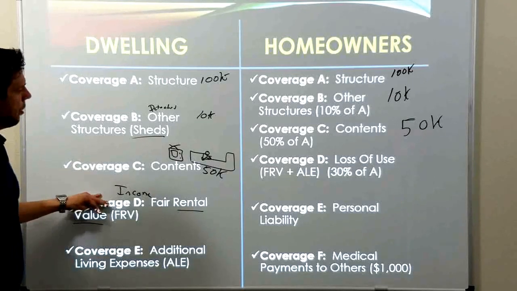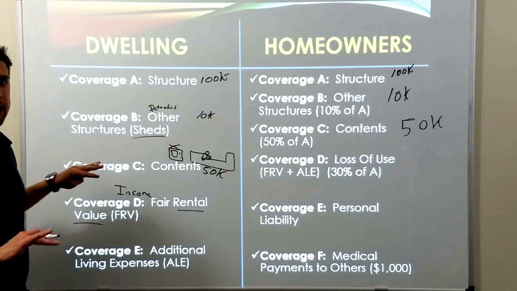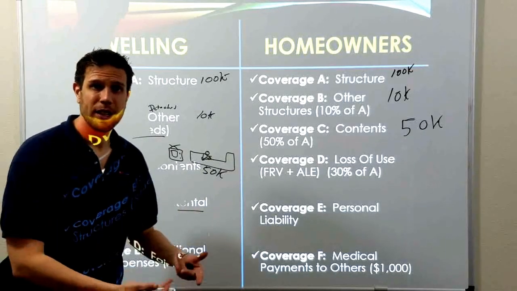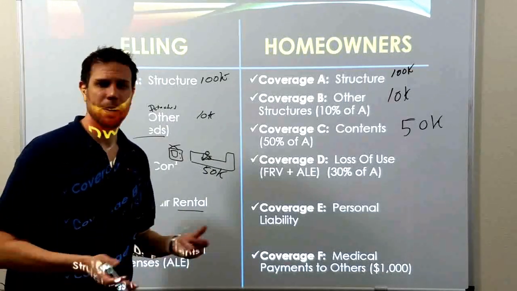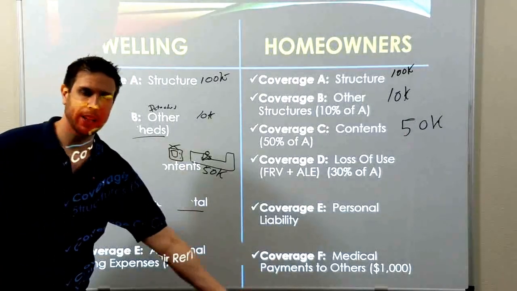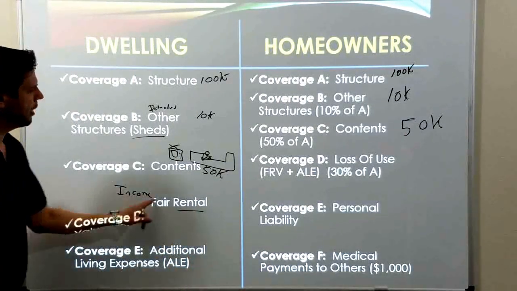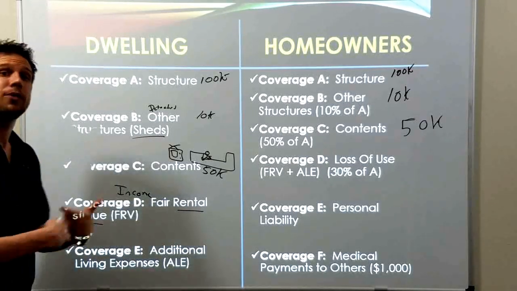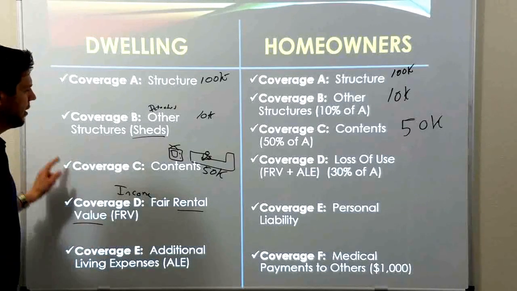So the cool thing about this is coverage D, you don't even have to have the rental property rented out. It could be in between tenants. And if it burns down, you still get your income. Coverage D, fair rental value, will pay you the income that you could have gotten since the house burned down.